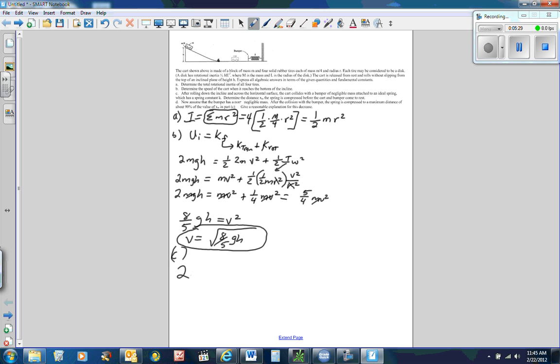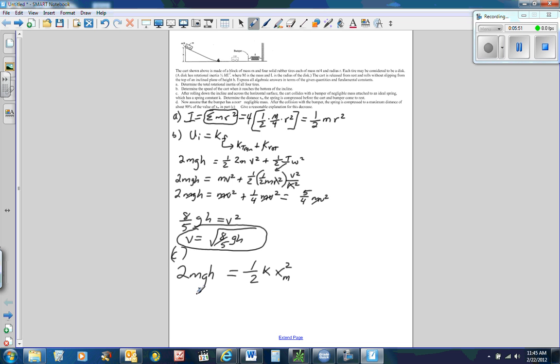Well, I start out with 2mgh. How much energy do I end up with? Well, I end up with all potential spring, that's 1/2 kx squared, where x is going to be the maximum distance that it stretches, or compresses in this case.